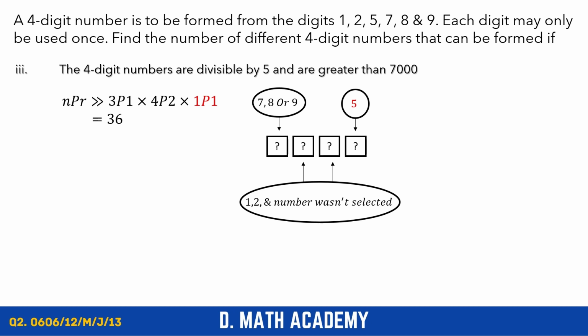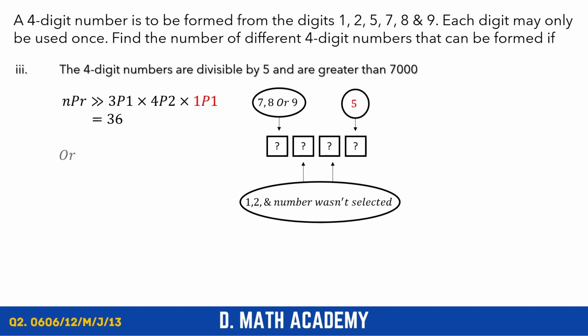So let's say out of the 6 numbers, you already took out 2 of them, which means there's only 4 left, and you need to select 2 from it to make the equation. So I put 4P2 over there. So the result will be 36. Alternatively, you can add all three combinations up.